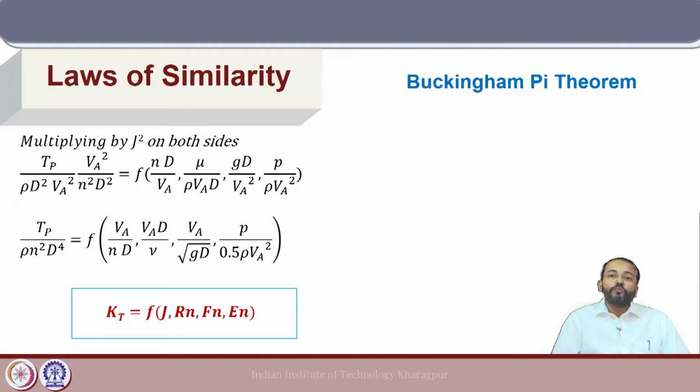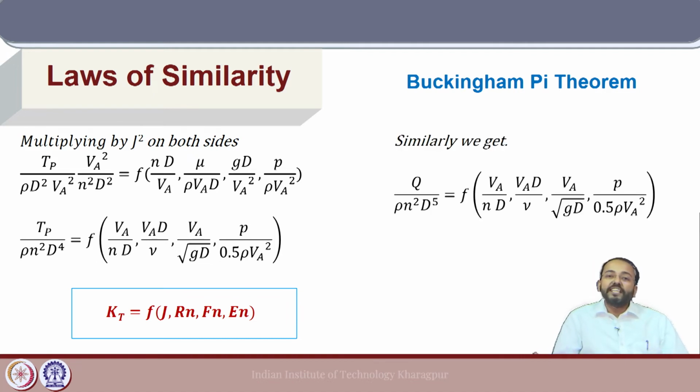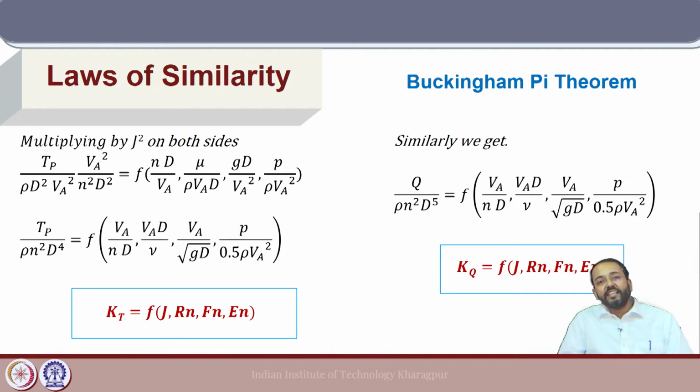This is how we use Buckingham pi theorem to do a dimensional analysis and relate the propeller thrust coefficient to a set of non-dimensional numbers which we have previously defined. We can do the same exercise for the propeller torque coefficient. So, instead of d to the power 4, we will have d to the power 5 in the denominator to get the propeller torque coefficient, and we will get the same set of numbers to define it.